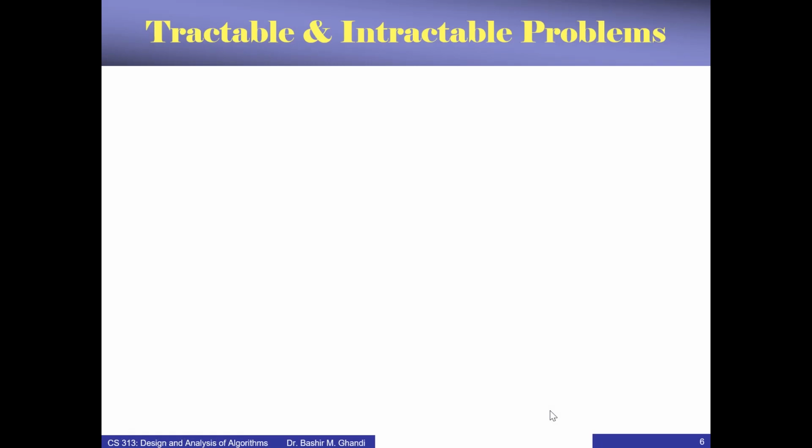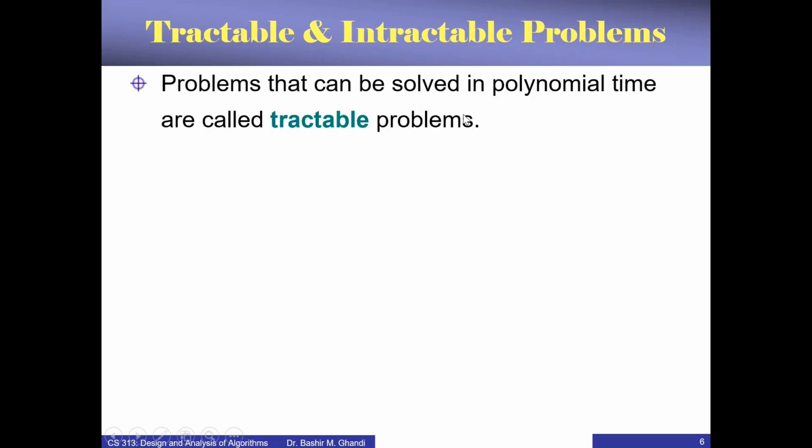Right. Okay, now let's talk about tractable and intractable problems. Problems that can be solved in polynomial time are called tractable problems. A polynomial time means the running time is going to be in the form of big O of n to the power k for some constant k.